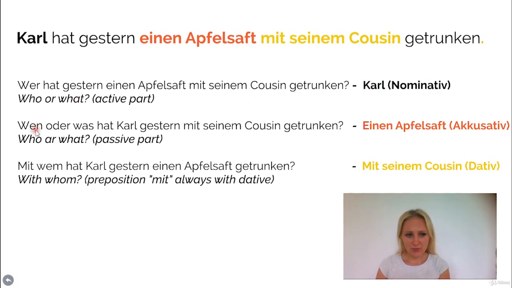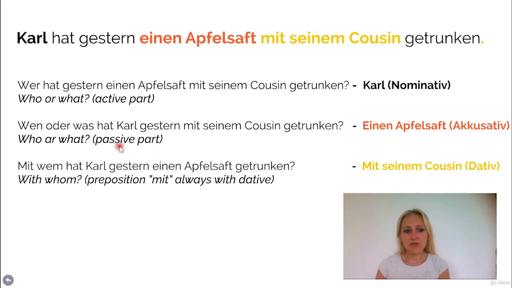Then the next case question, wen oder was hat Karl gestern mit seinem Cousin getrunken? Now this is the case question for the accusative case. So the question is who or what, but we're asking about the passive part. In English it's again who or what, but in German now the question word changes. So who or what did he drink with his cousin?